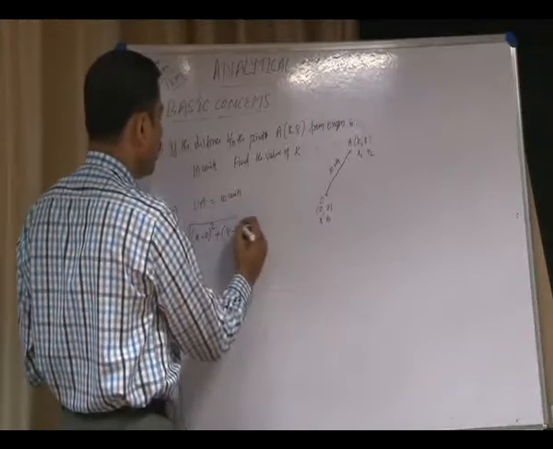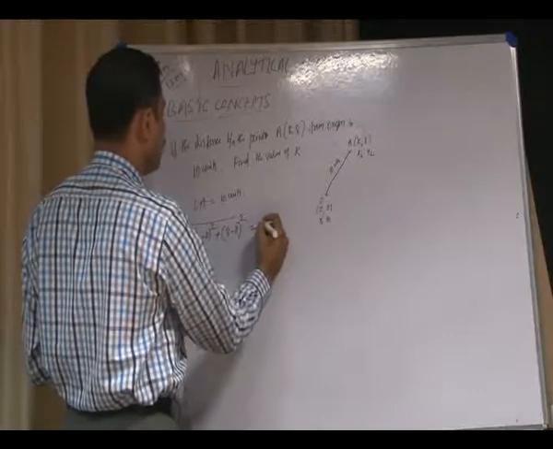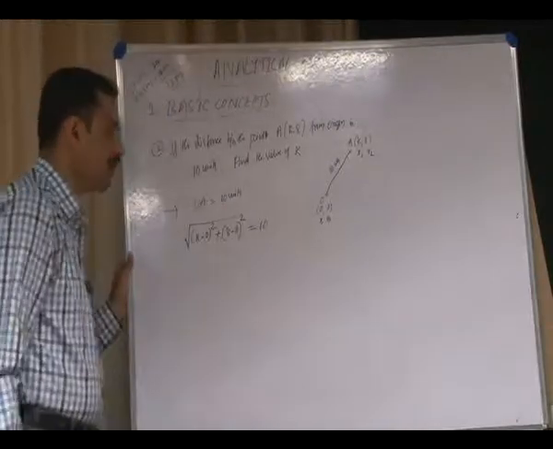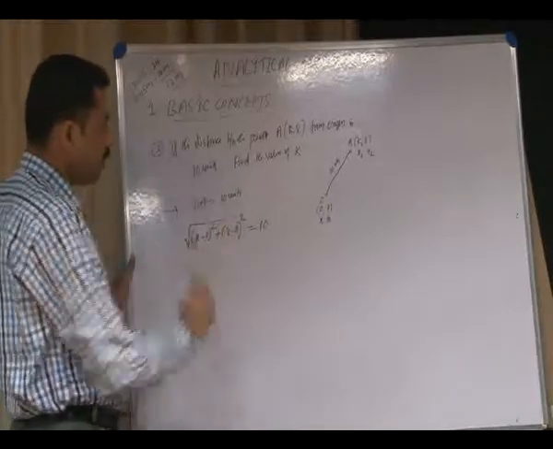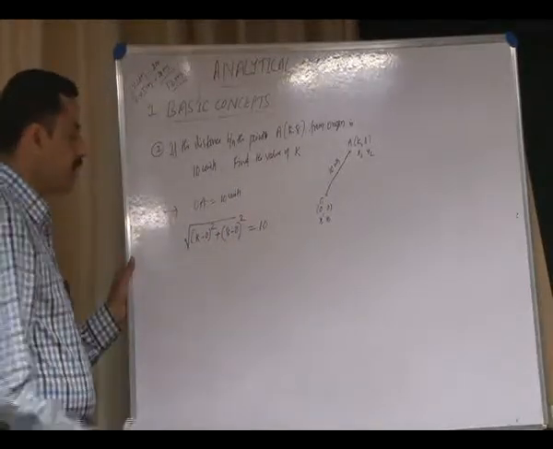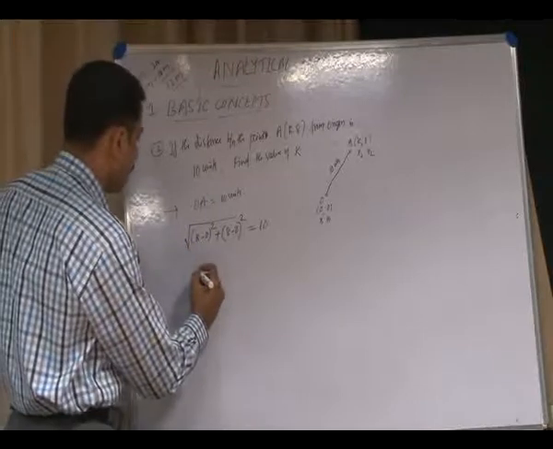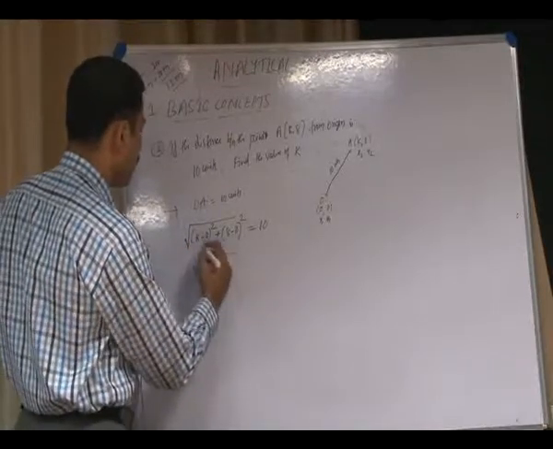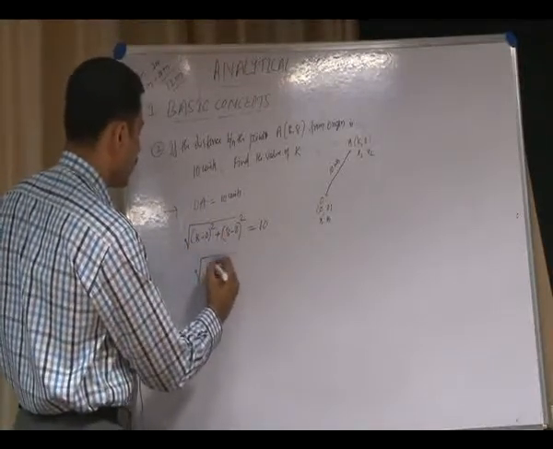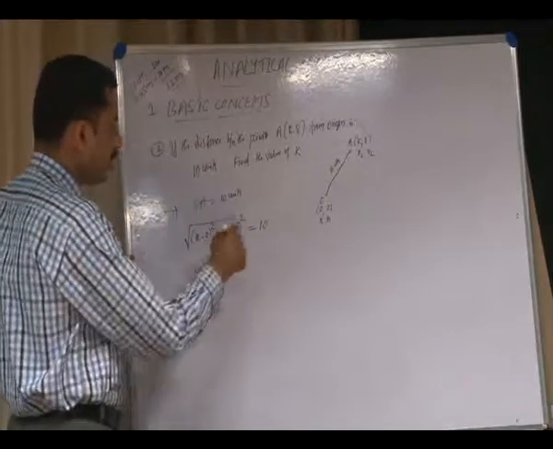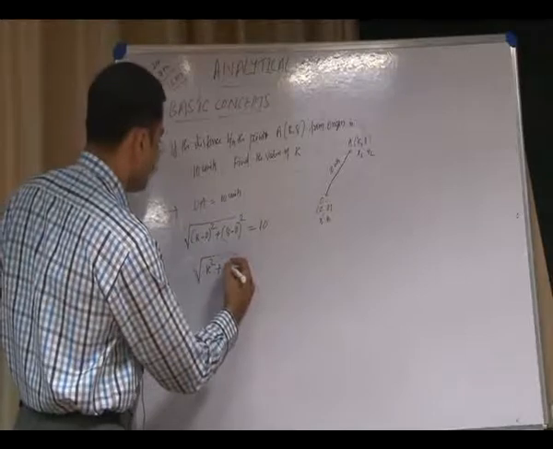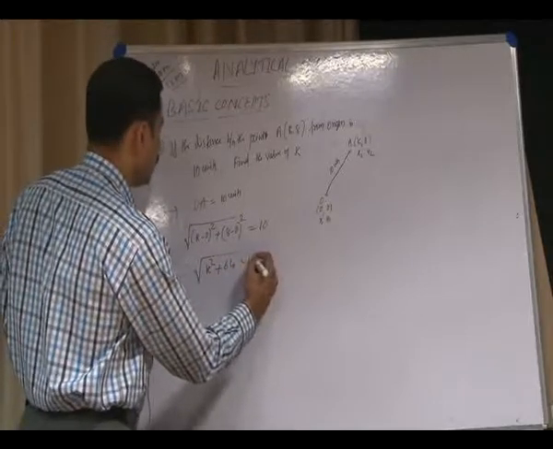So, the square root of (k minus 0) whole square plus (8 minus 0) whole square is equal to 10 units, that is given. By simplifying this equation, we get the value of the constant k. This can be written as the square root of k square plus 8 square, which is 64, equal to 10.